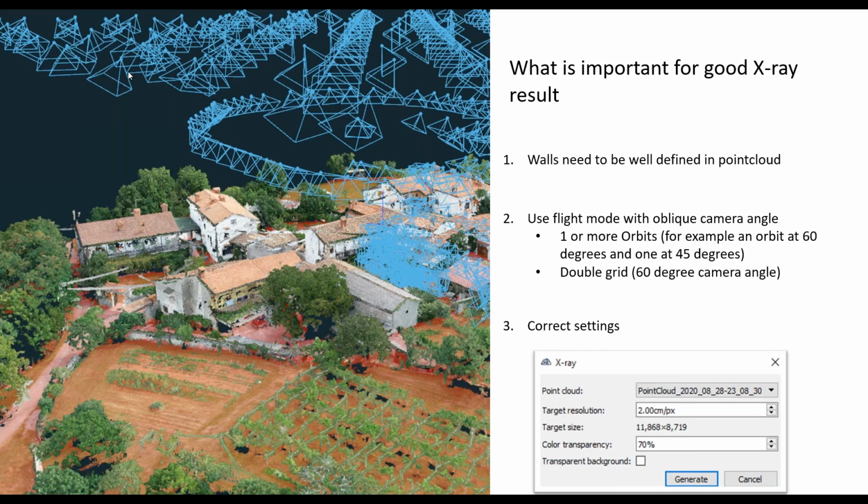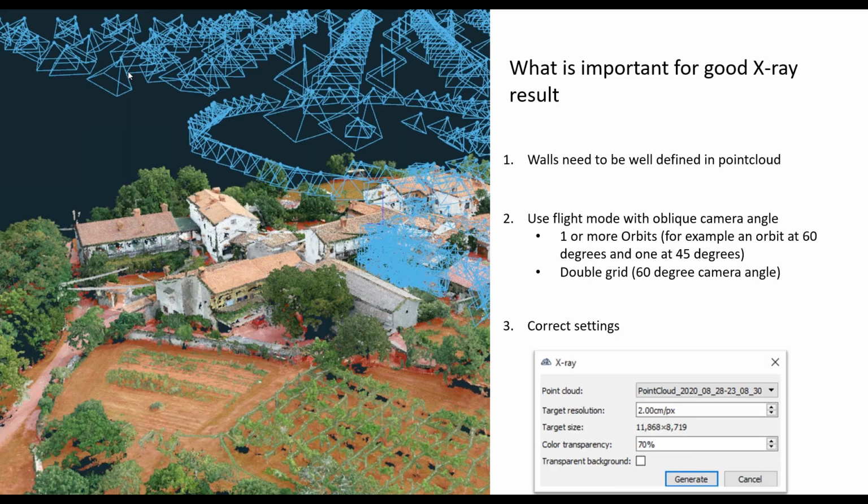If we are mapping an area, I would recommend making a regular flight with some top-down images, then two additional flights in orbital mode, one for example with a camera angle of 60 degrees and the second with a camera angle of 45 degrees. If we do that, it's very likely that we will get a point cloud with very nice and well-defined buildings.